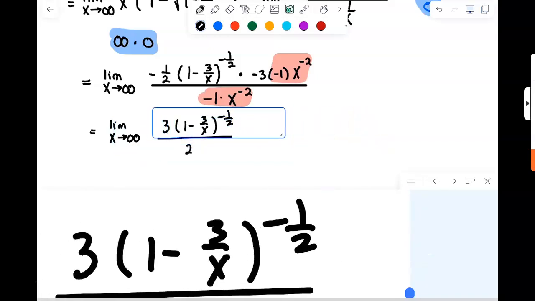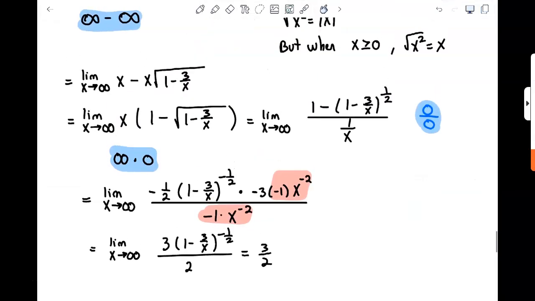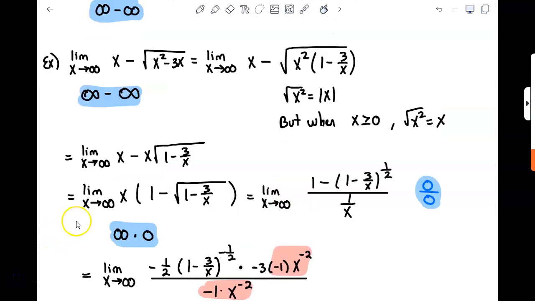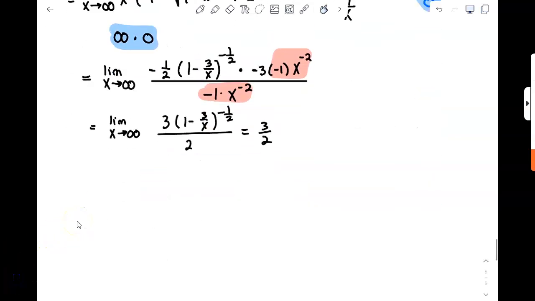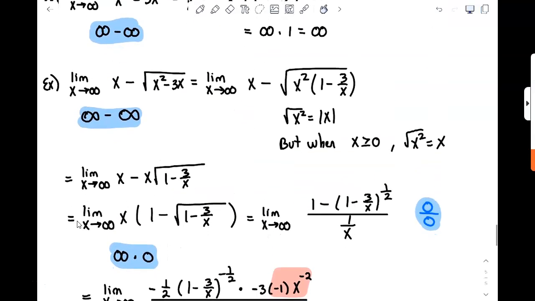We can let x become infinity. When it does, that'll just become a big fat 0. That'll be 1 raised to the negative 1/2 power, but 1 to any power is just 1. And so therefore we get 3 over 2. Again, we see the limit here is just positive 3/2 in this particular example.